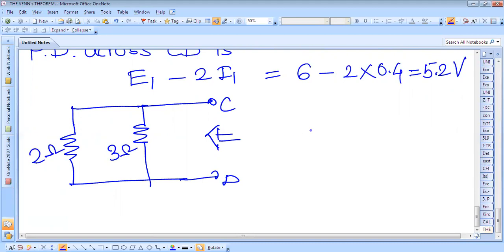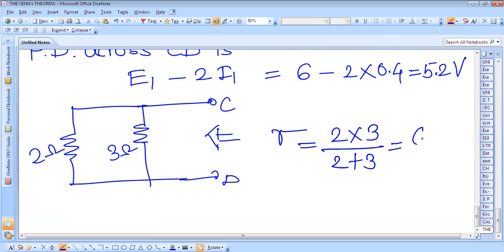Therefore the internal resistance R viewed from this terminal is 2 into 3 by 2 plus 3, which is 6 by 5, equal to 1.2 ohm. This is the internal resistance.